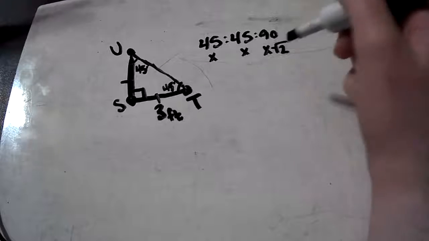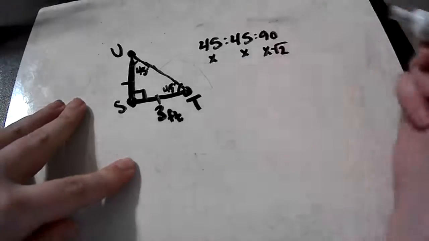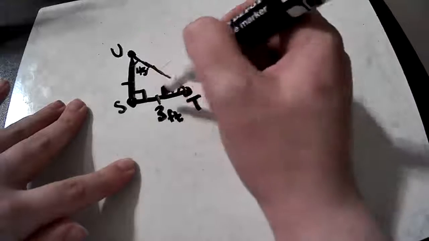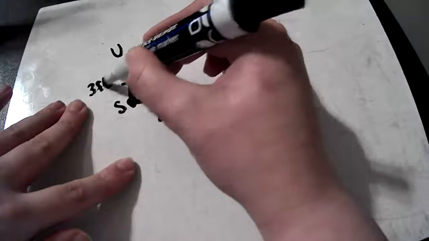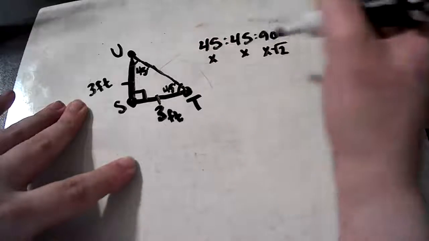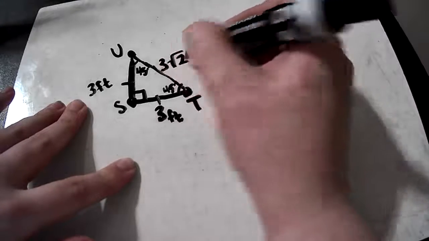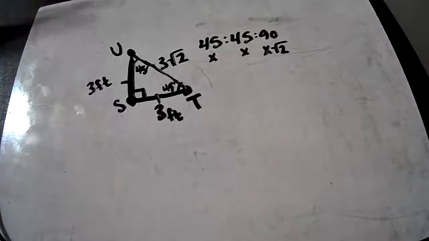So when we're looking at this triangle, here's the sketch of it. I know that these two legs are going to be congruent, so I know that if this leg is 3 feet, this leg is 3 feet. And then if they ask me to find the hypotenuse, I can just do 3 times the square root of 2 to get my length for TU.